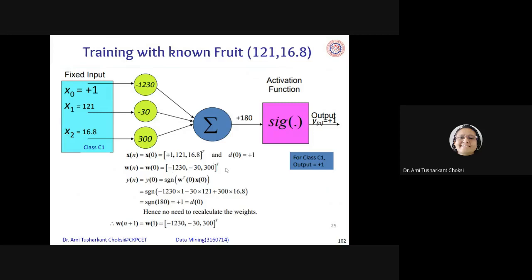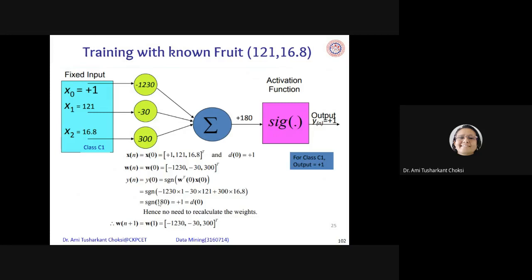Fine, do not forget that. So write it this way, right? Okay. So we have negative 1230 into 1, negative 30 into 121, and plus 300 into 8 because we are applying the summer to it, right? So we are getting 180, and SGN of 180 is plus 1.